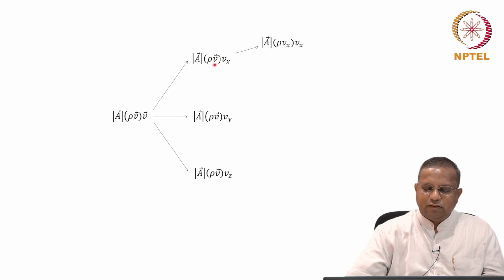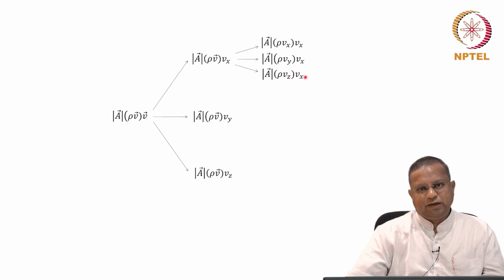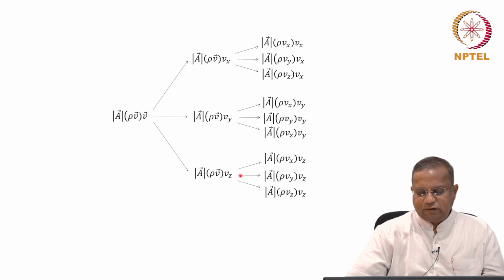For example, this one has three components: a rho vx vx, a rho vy vx, and a rho vz vx. Similarly, this has three components, and similarly this has three components. Therefore, you have 9 components for the momentum rate through convective means.